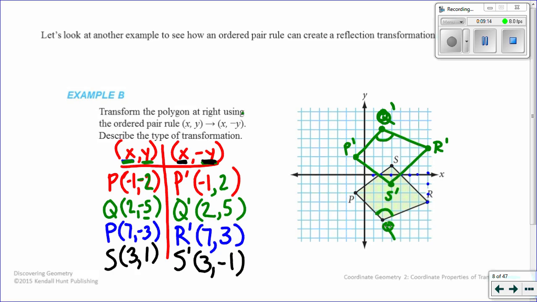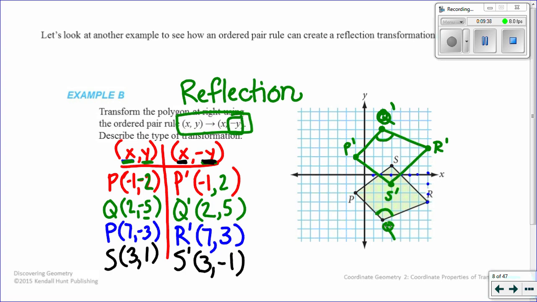So when you see this type of rule, where one of your values is changing signs, it's not moving up or down, left or right, that's going to be a reflection. The other one was a translation, and you can see that's going to be plus something or minus something. When you see a rule where one of your values is just changing sign, it's just the opposite, that's going to be a reflection.